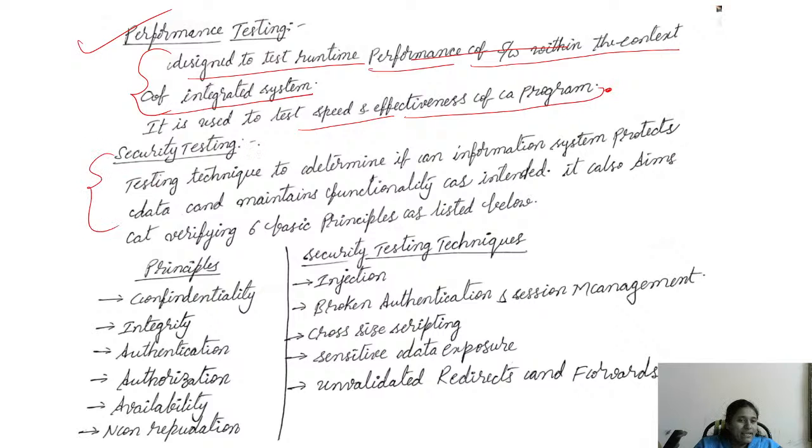Next, what is security testing? Testing techniques to determine if an information system protects data and maintains functionality as intended. Security means it has to protect the data and maintain the functionality.